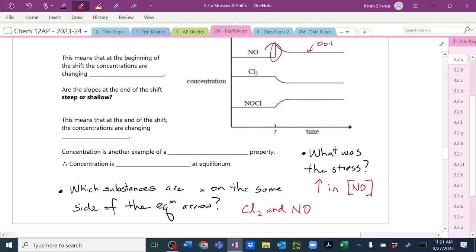Okay, so either way, you look at it. And that means the NOCl is increasing because it's on the other side of the equilibrium arrow. It's being produced as those are being used up.